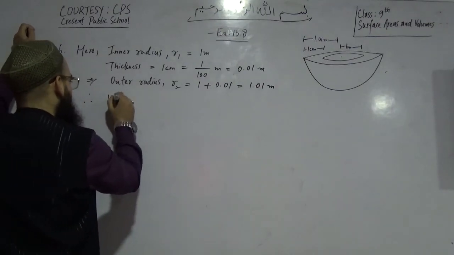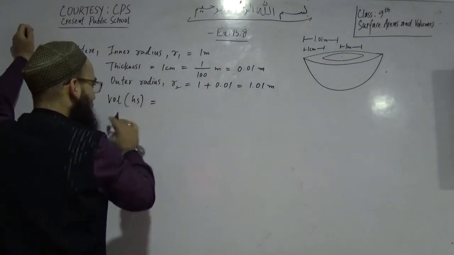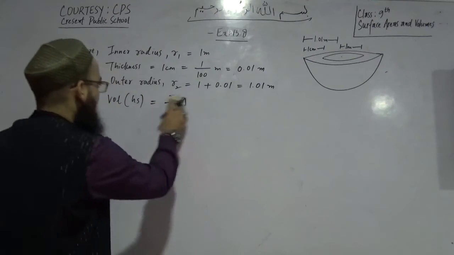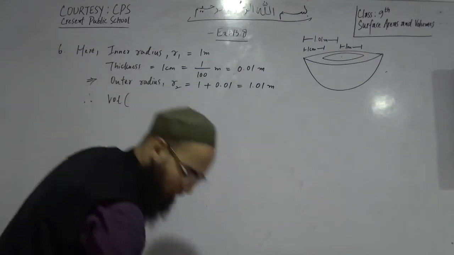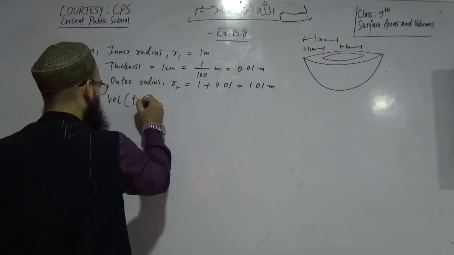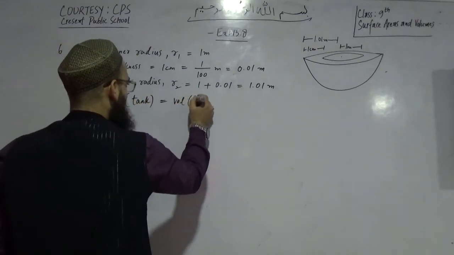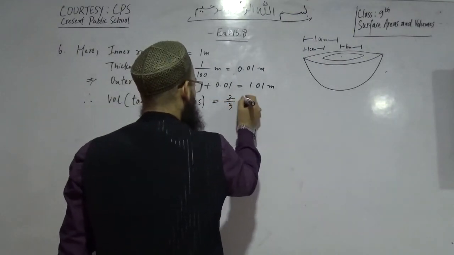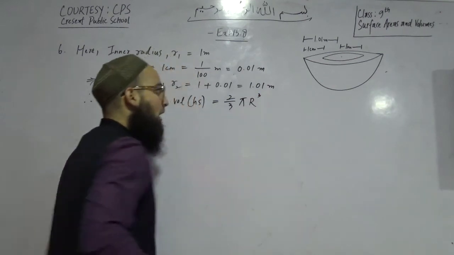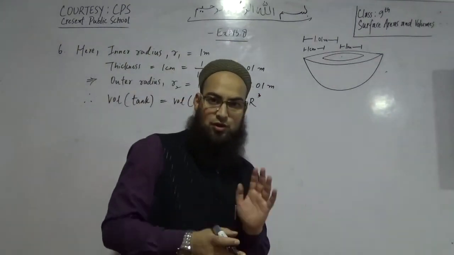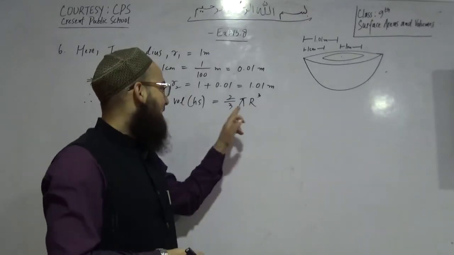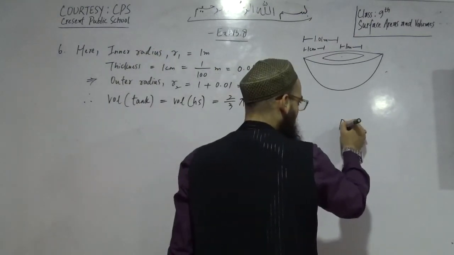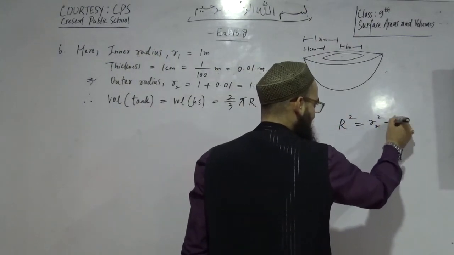Therefore, volume of tank is equal to volume of hemisphere, which is 2 by 3 pi R cube. Now you need to consider both inner and outer radius. Whenever you have outer and inner radius, you write capital R. If it's square, it is R2 square minus R1 square.